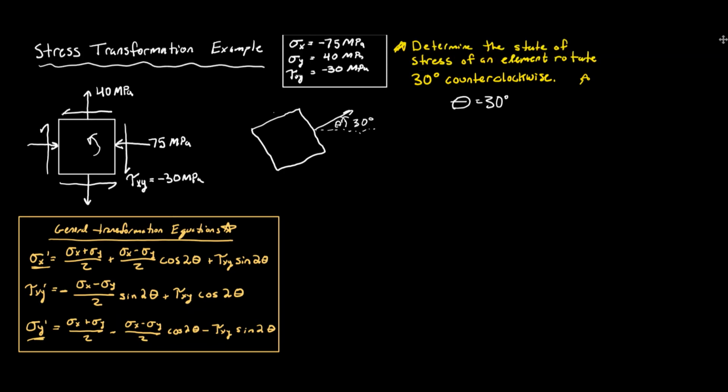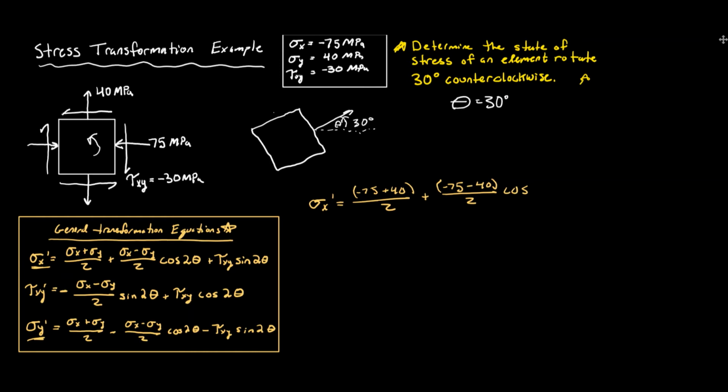To find our new normal stress in the x direction, sigma x prime, we have our equation here. Sigma x is negative 75, plus 40, divided by 2. Then we have negative 75 minus 40, divided by 2, times the cosine of 2 theta.